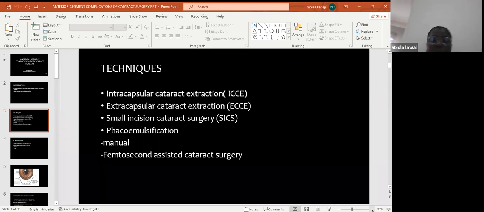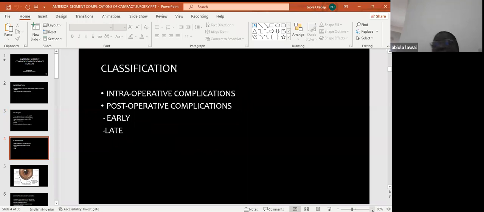SICS is a procedure that requires a sclerocorneal tunnel to access the anterior chamber and to be able to make access to the cataract for removal.